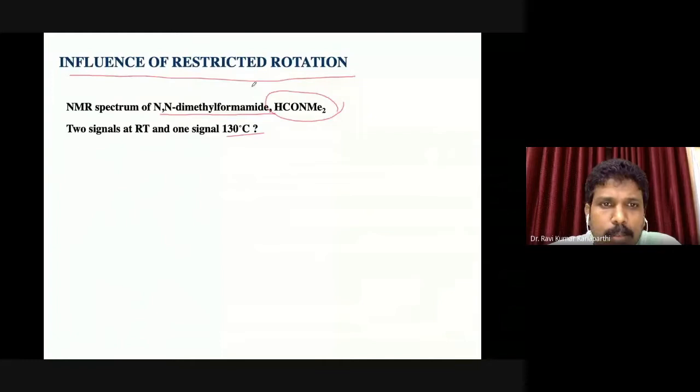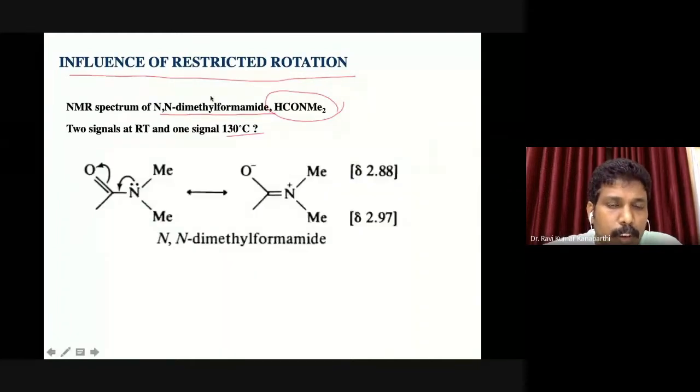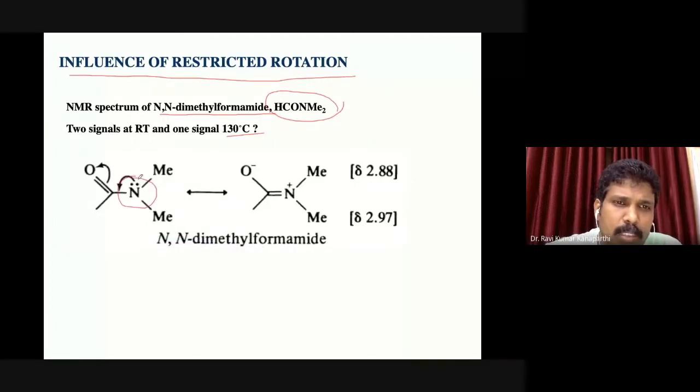As you know, in N,N-dimethylformamide there is a heteroatom, that is the nitrogen atom. The nitrogen atom has a lone pair of electrons, so it can donate and participate in this kind of resonating form. There can be a partial positive charge on the nitrogen atom, the heteroatom, and a negative charge on the oxygen atom.